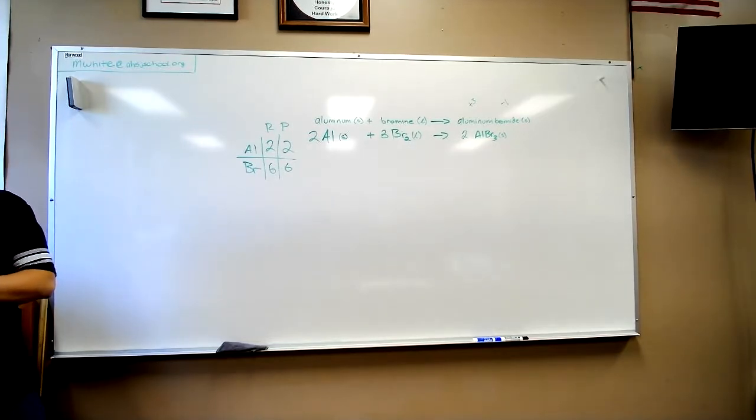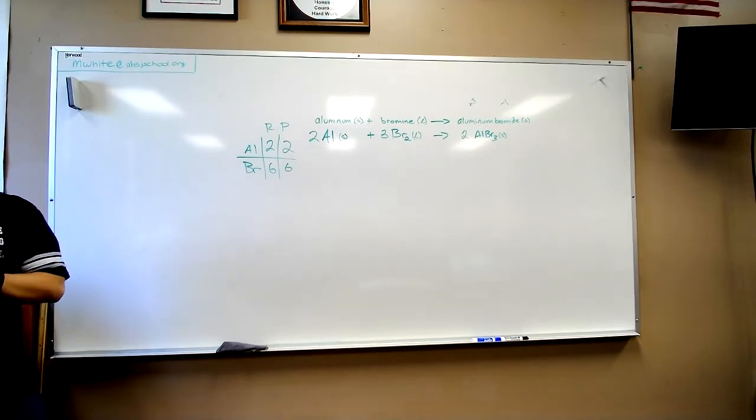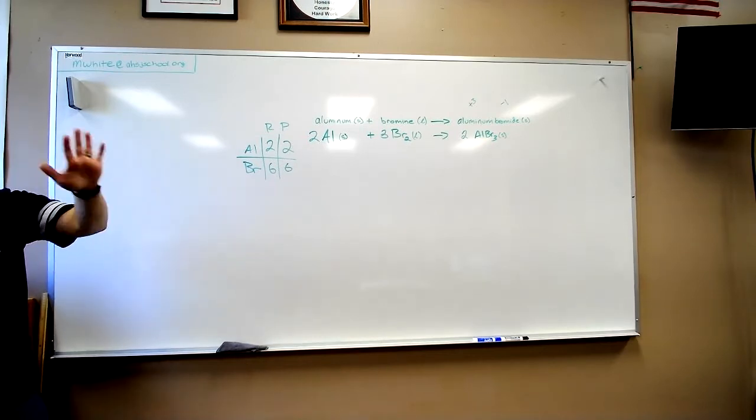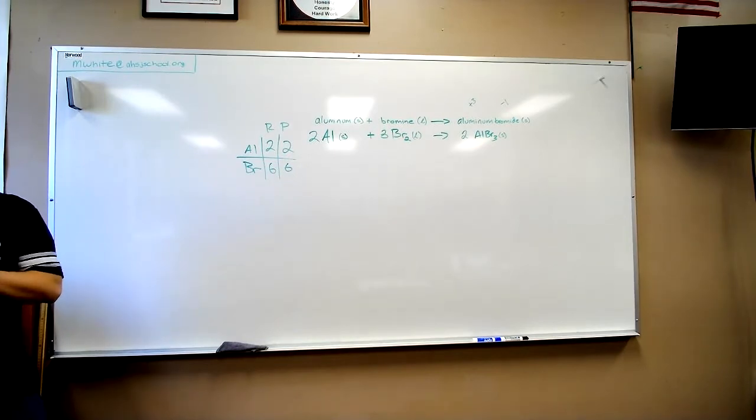Okay. And if you're struggling with balancing equations, the only way to get better at it is practice. Okay. And like I said, this is never going away. Equations always have to be balanced. From now until the end of chemistry, equations have to be balanced. So if it's something that you end up struggling with, we need to practice. Okay.